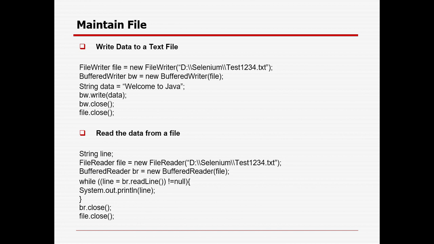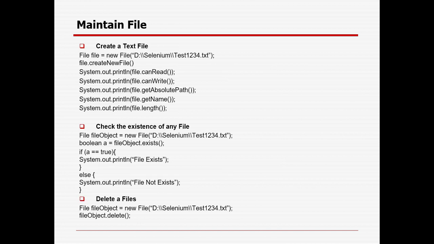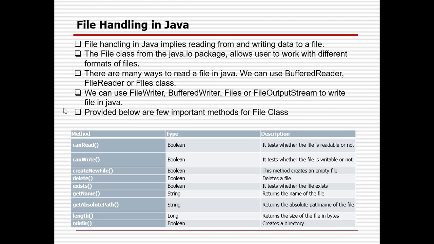I already mentioned here, you could see, either we need to use buffer writer and file writer, and sometimes we can use file output stream to write the data. Similarly, for reading the data, we can use the buffer reader and file reader, or sometimes file input stream. So, that is the different way we can read and write the data.